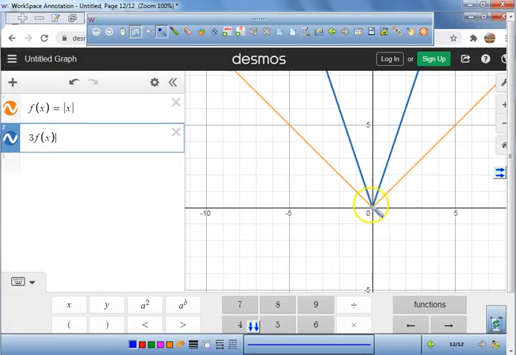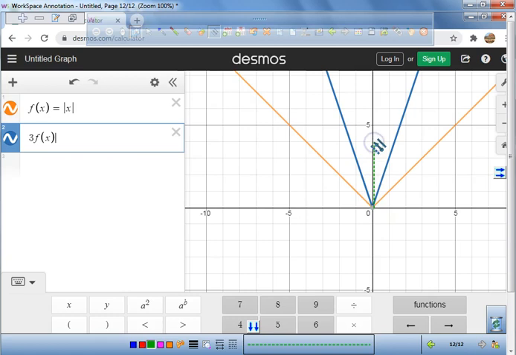Do you see how the original one went up 1 and over 1, up 1 and over 1? Look at 3f of x. Watch how much it goes up, and then over. And then up.